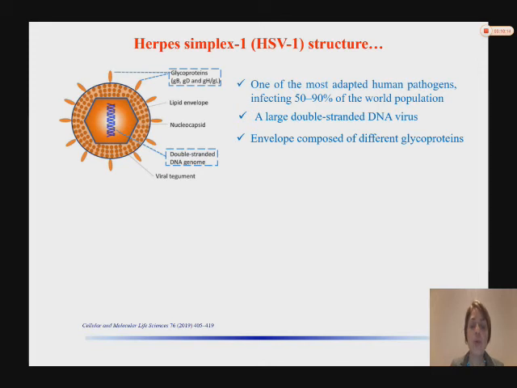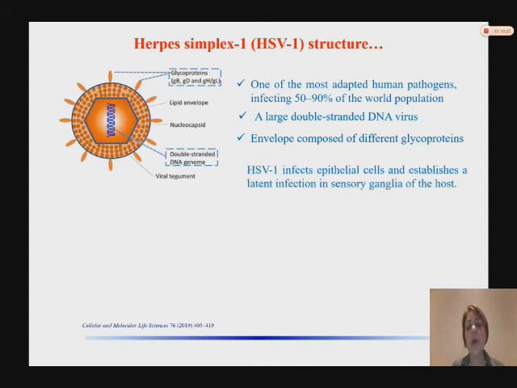After envelope fusion with the membrane, the capsid is transported into the nucleus, to the nuclear membrane, where viral DNA is released. In this way, HSV1 infects epithelial cells and establishes a latent infection in sensory ganglia, from where it periodically reactivates, causing recurrent lesions at the site of primary infection.